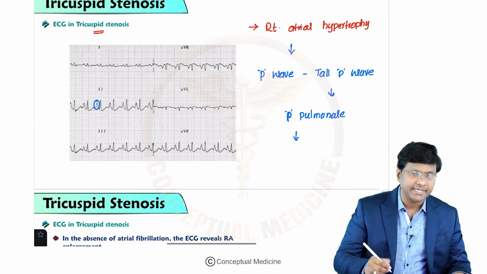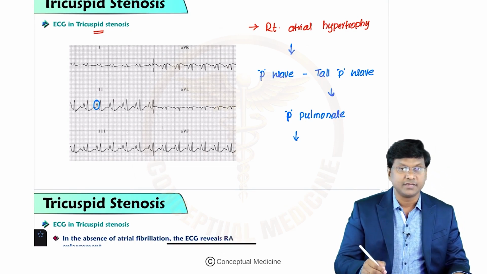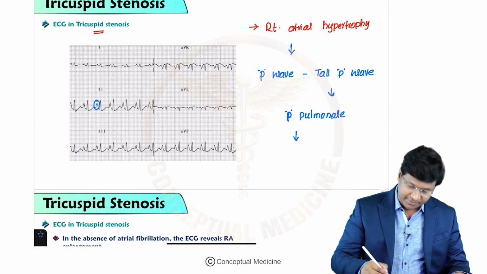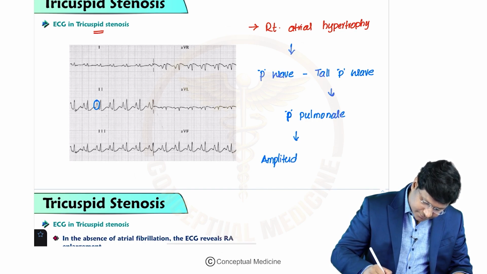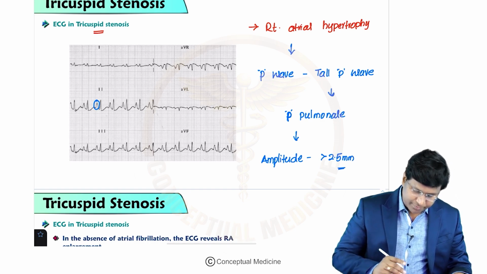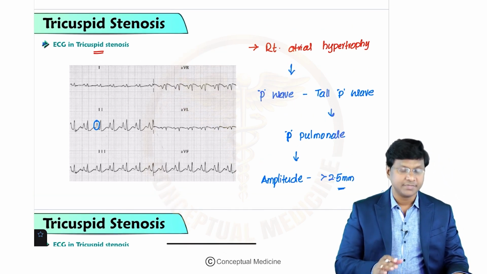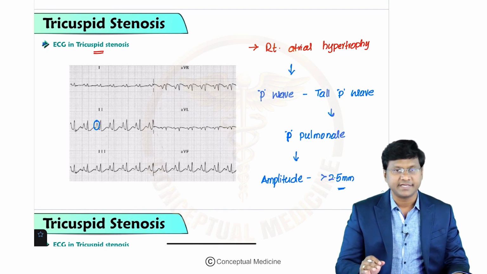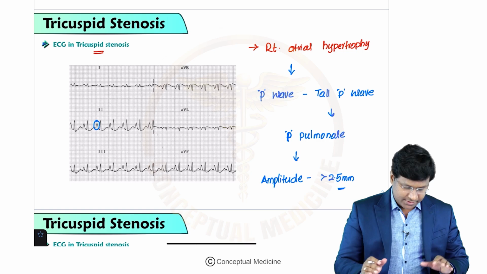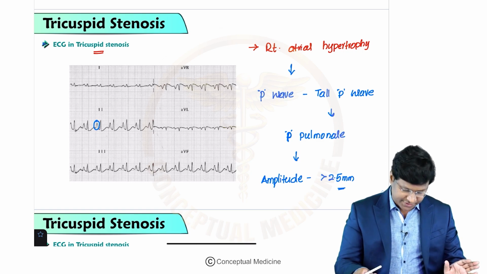And what is the criteria to call it P pulmonale? The amplitude of the P wave should be more than 2.5 mm. That is the criteria for the P wave in tricuspid stenosis, and this is the ECG of tricuspid stenosis.